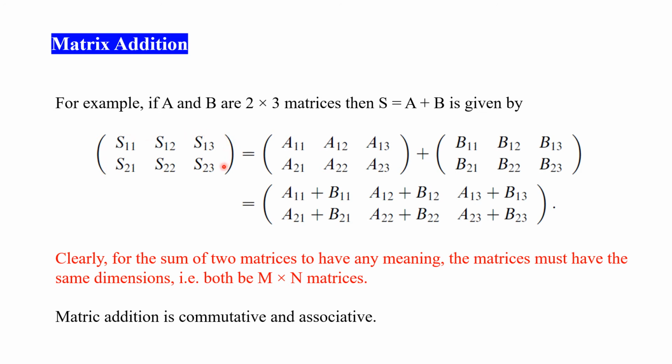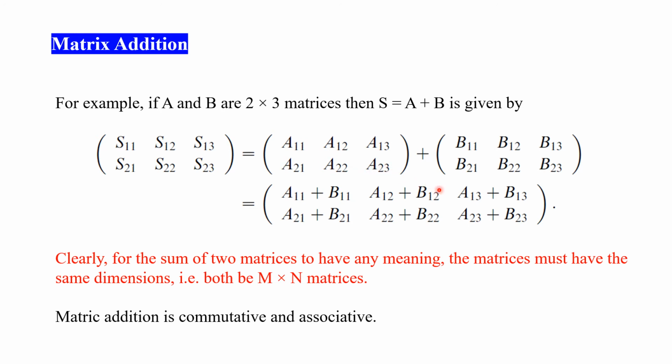Your matrix S, for example, will now have these components: S11, S12, S13, S21, S22, and S23. And for your matrix A, which is a 2 by 3 matrix, let's say it has components A11, A12, A13, A21, A22, and A23.